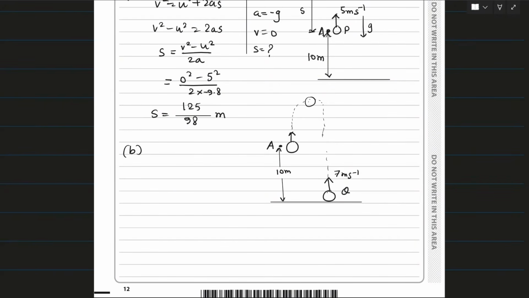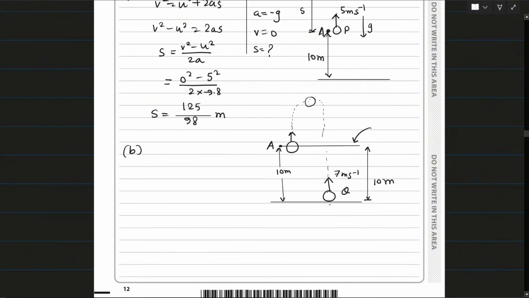So we know that when two particles collide together, they are at the same position. This height is 10 meters from the ground. As this is the initial point for our particle P, we calculate the displacement of particle P from this level.